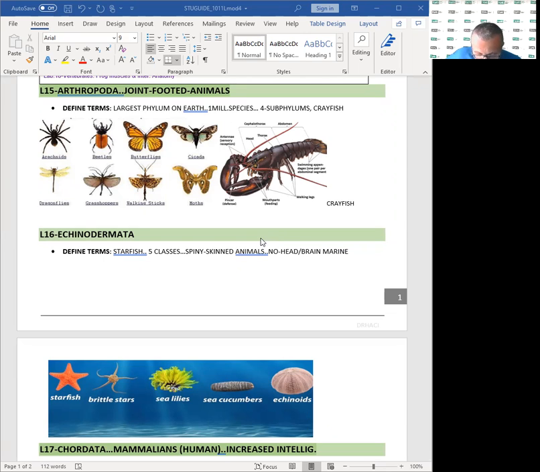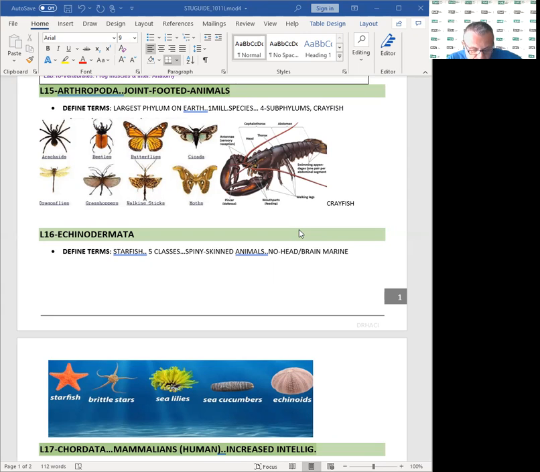A lot of animals here look like plants, very interestingly, like sea lilies, sea cucumbers, brittle stars, sea stars, and starfish. A lot of very cool animals. There are 5 classes under the phylum Echinodermata. They have no head, no brain, and a colorless blood system. Again, 5 classes, and starfish is your number one animal to study.